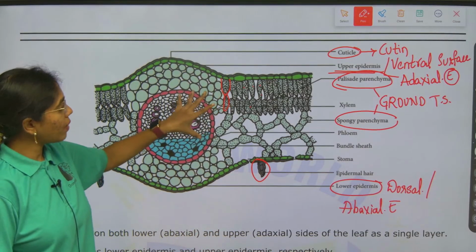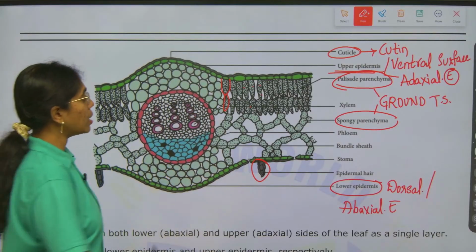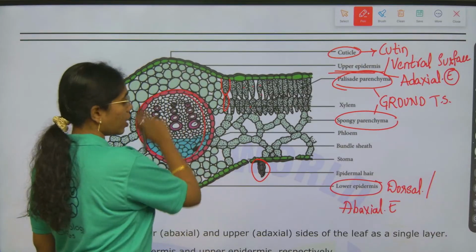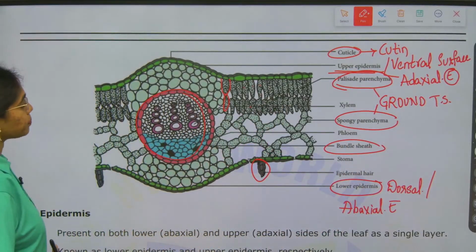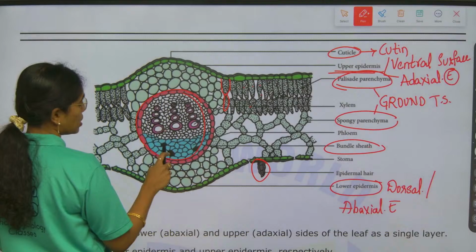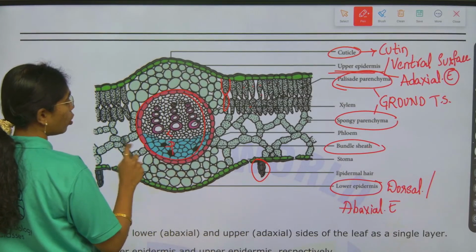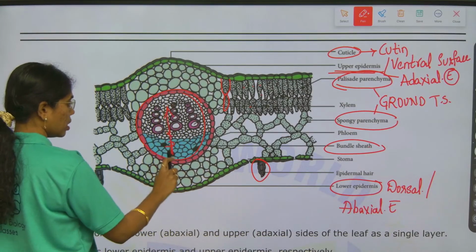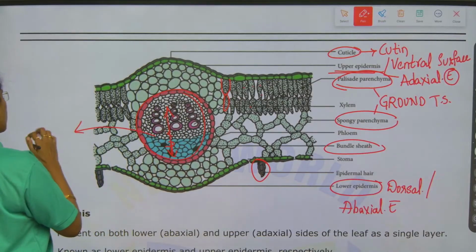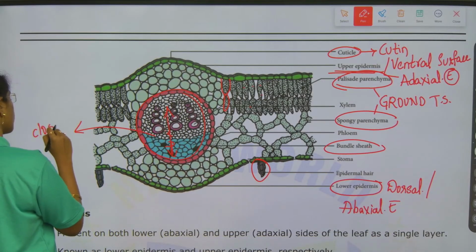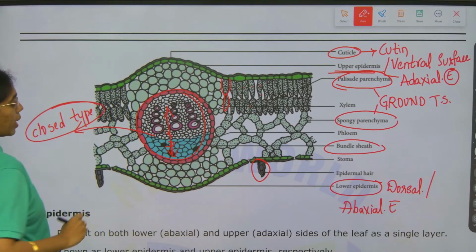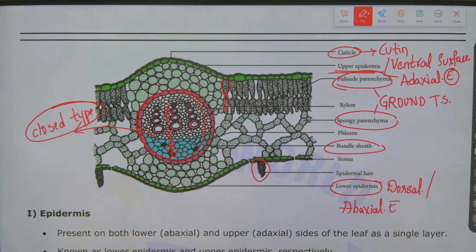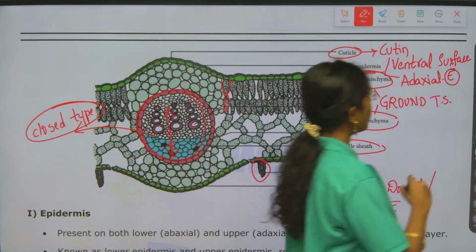And here you see vascular bundles are surrounded by just a single layer of bundle sheath cells, and the vascular bundles consist of xylem and phloem. They are of closed type and at the same radius. Closed type of vascular bundles are present. Clear, right?